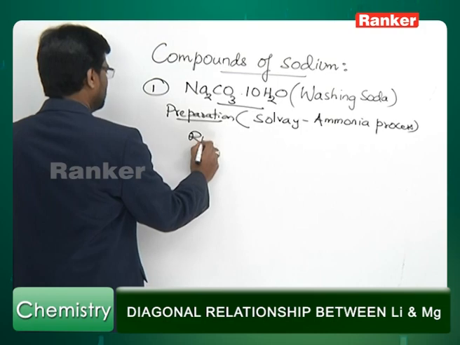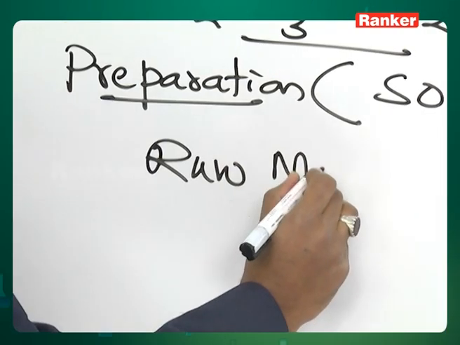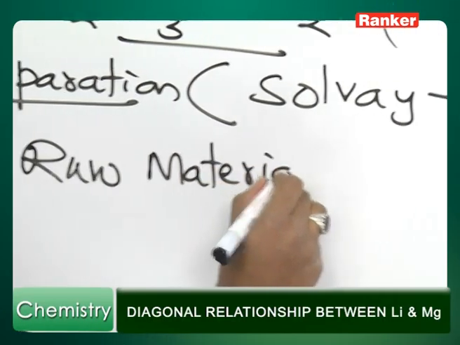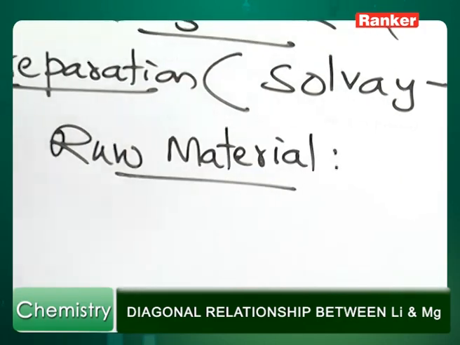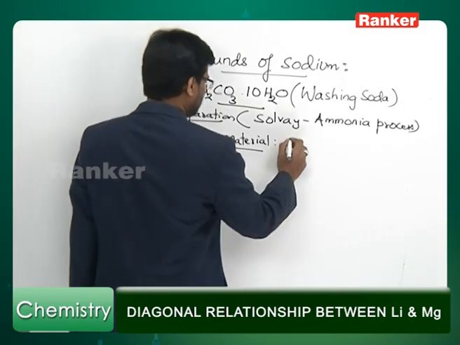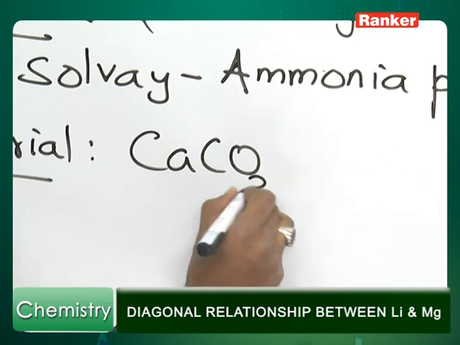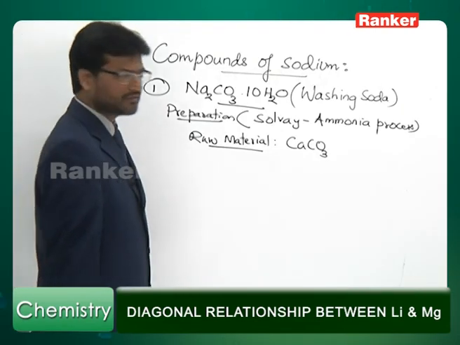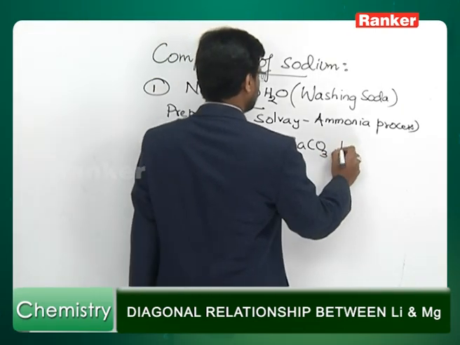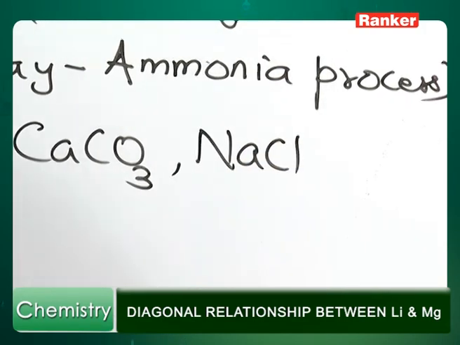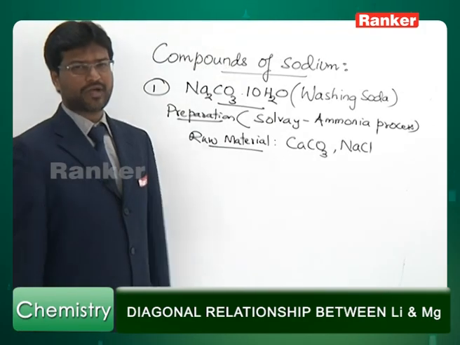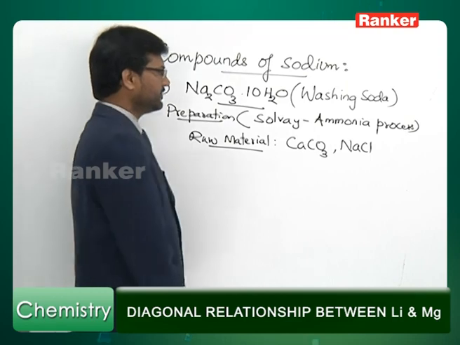The raw material used in this method, we need limestone. This will act as a source of carbon dioxide. NaCl, that is taken in the form of brine, a solution of sodium chloride.